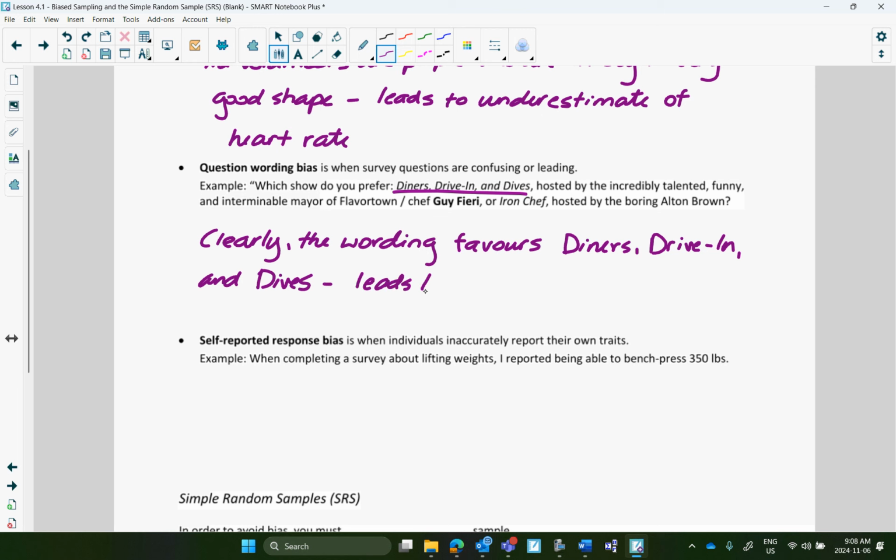Leads to an overestimate of people who prefer it. Yes, and would lead to an underestimate of those who prefer Iron Chef. Sure. Okay.